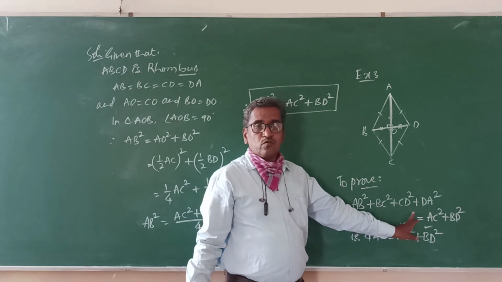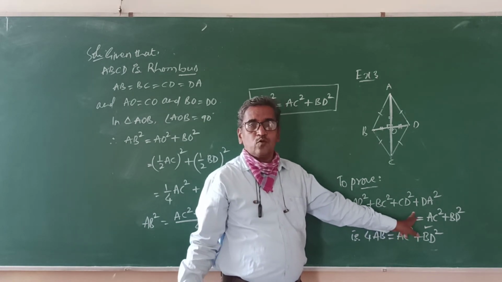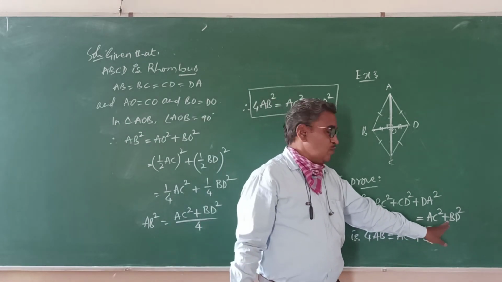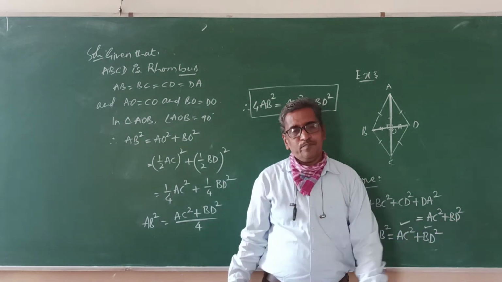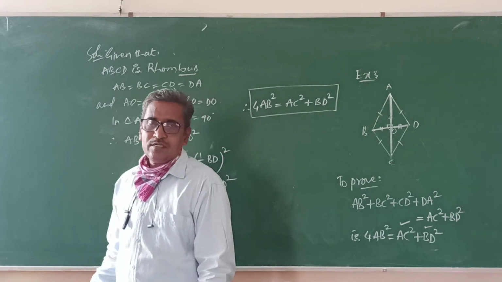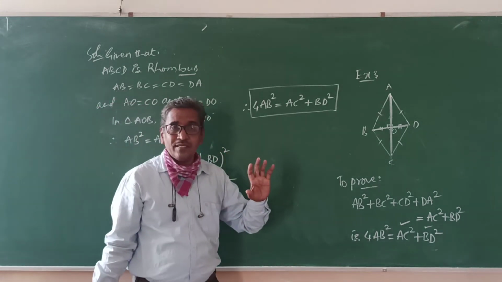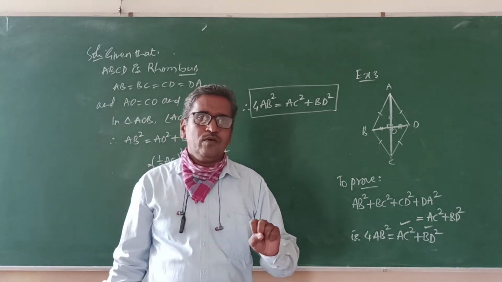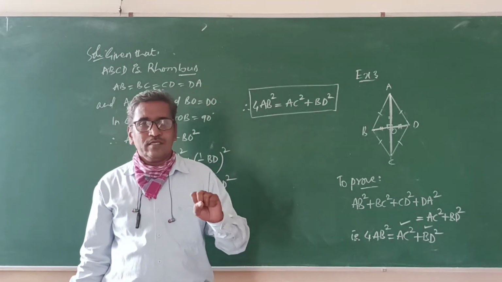Sum of the squares of the sides of the rhombus is equal to the sum of the squares of its diagonals. Understand how I am proving that? Very important part is to remember properties of rhombus. Once again, all sides are equal.